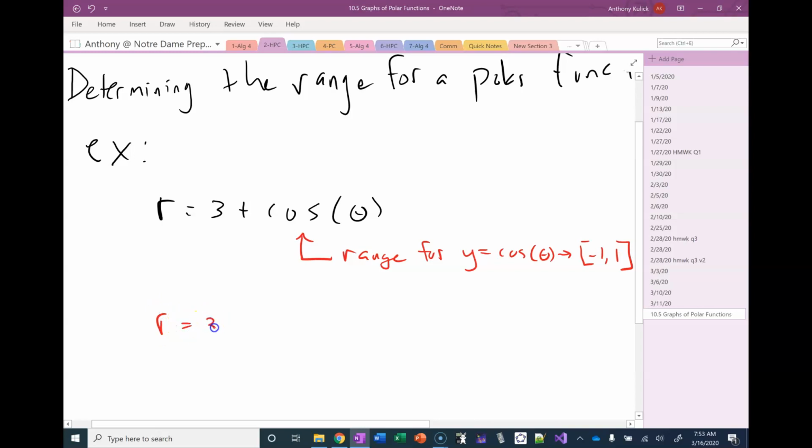So in this case, the maximum value for r would be when cosine is 1, and the minimum value for r would be when cosine is -1, since 3 is constant.